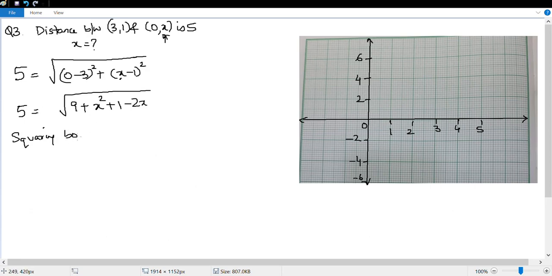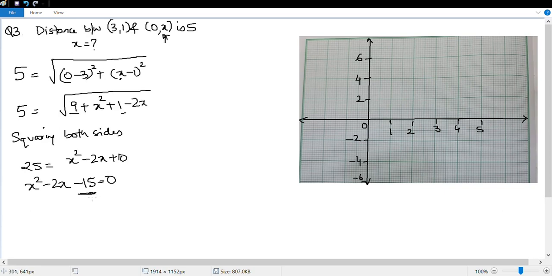So squaring both sides, I get 25 is equal to x square minus 2x plus 10. I added 9 plus 1 gives me 10. Let's take everything on one side. So it will be x square minus 2x, 25 on this side gives me 10 minus 25, that's negative 15, is equal to 0. Now this is a quadratic equation. Let's try and solve it.